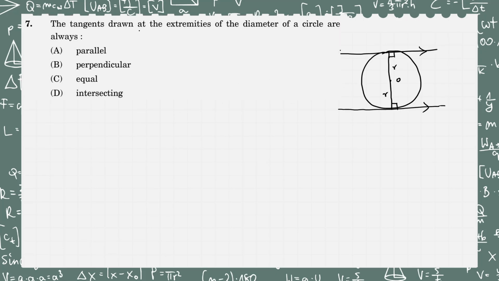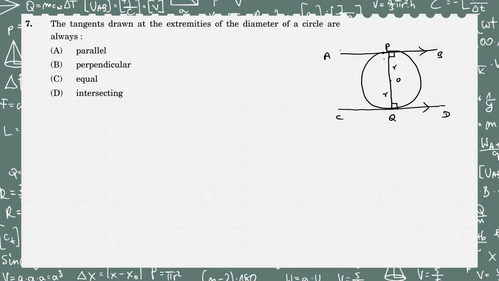The tangents drawn at the extremities of the diameter of a circle are always. Let us see this diagram for our support. PQ is the diameter, and this AB and CD are the tangents drawn at the extremities of the diameter.